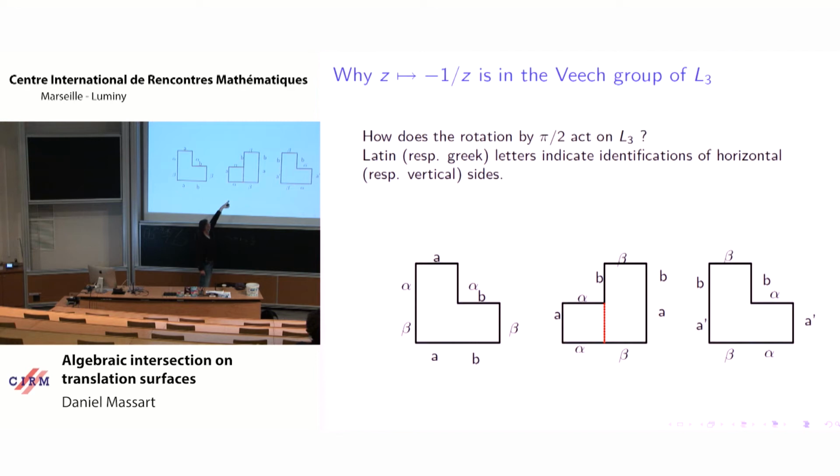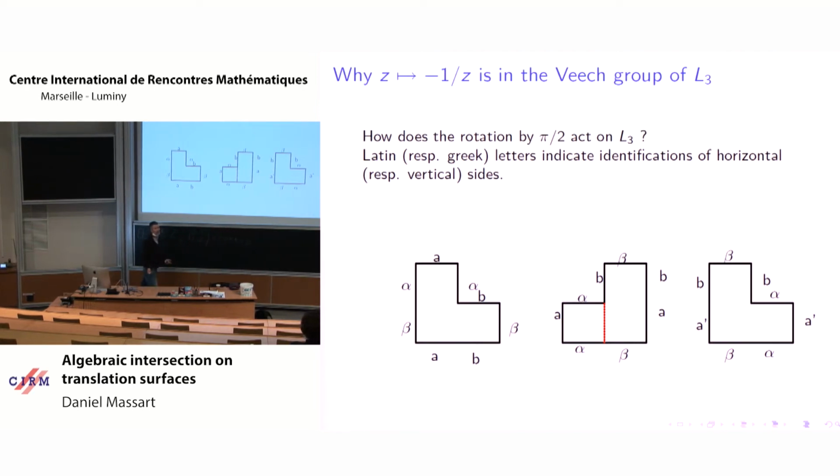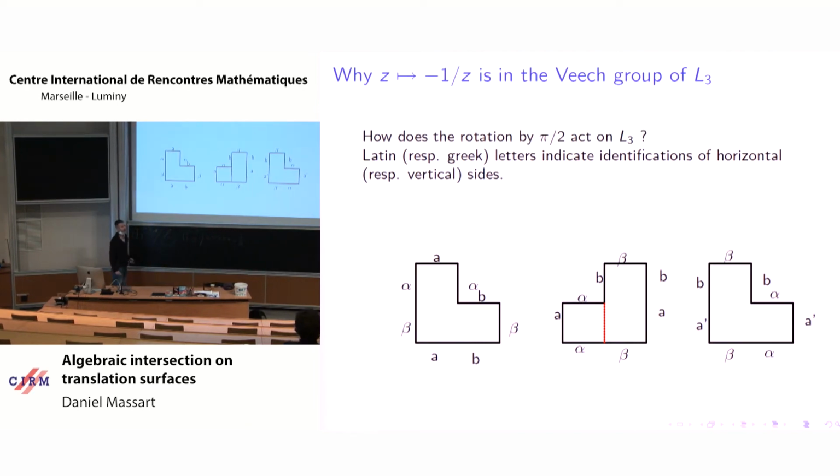Then I cut along the red dotted line. I take the left square and glue it on the right. And you see that I have the same surface, only the names of the edges have changed. So this matrix actually preserves this surface.